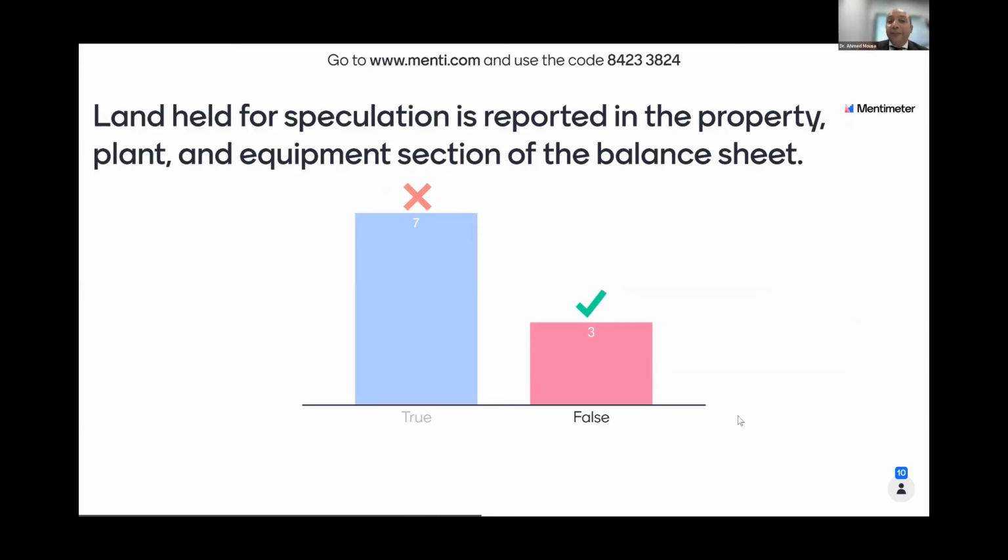Land held for speculation is an investment, not used for operations. Property, plant, and equipment includes assets that you use in the operations. But if you use this asset as an investment, it should be categorized as a long-term investment. So 3 answered correctly. Thank you so much.